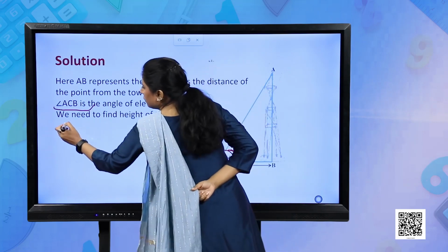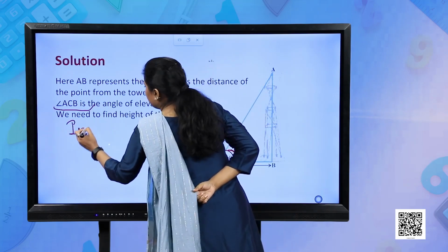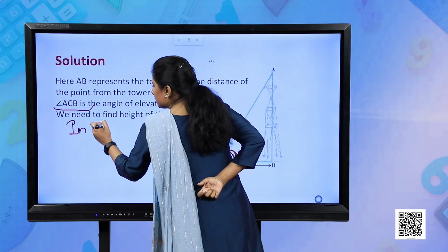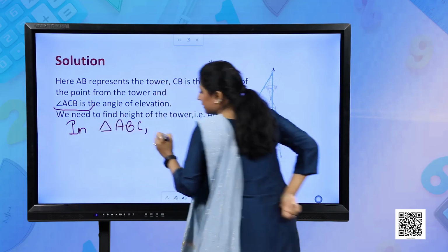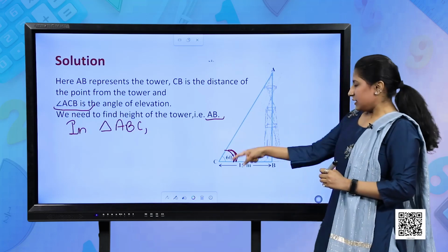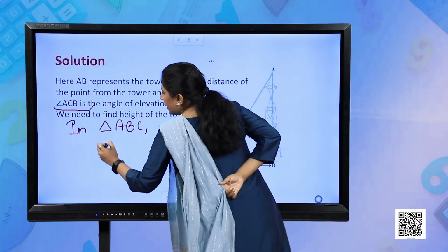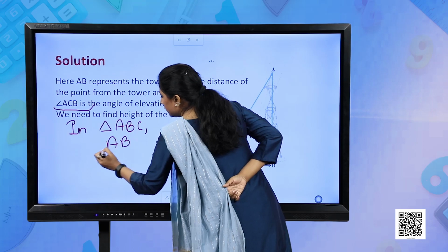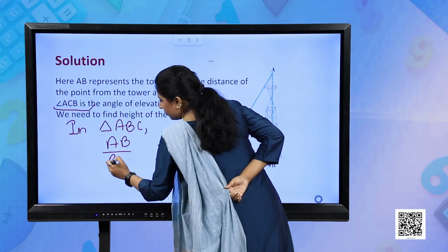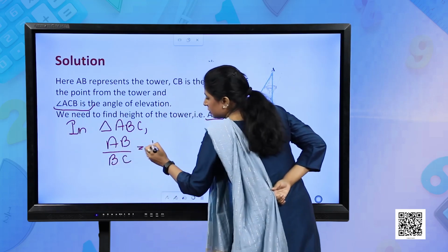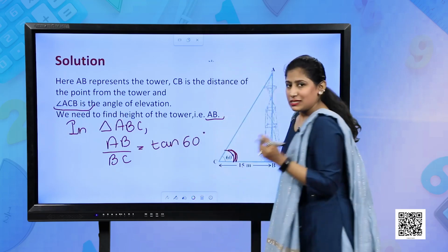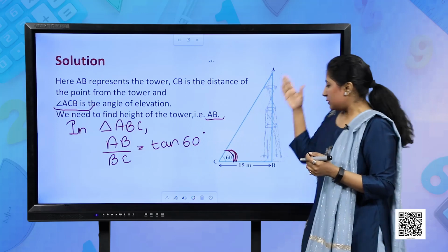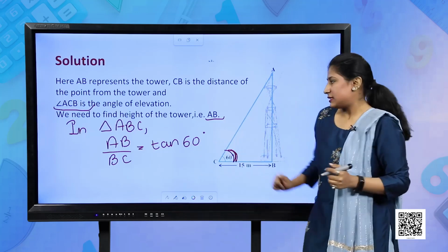So we will first of all write the name of the triangle, that is triangle ABC. In this triangle ABC, AB upon BC will be equal to what? Tan 60, because we have just recalled that tan is perpendicular upon base.